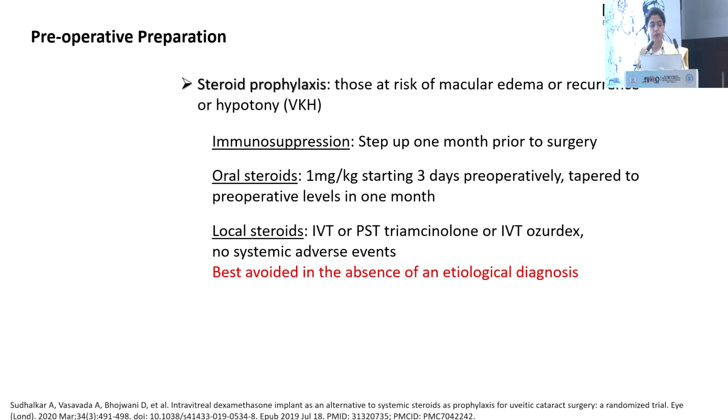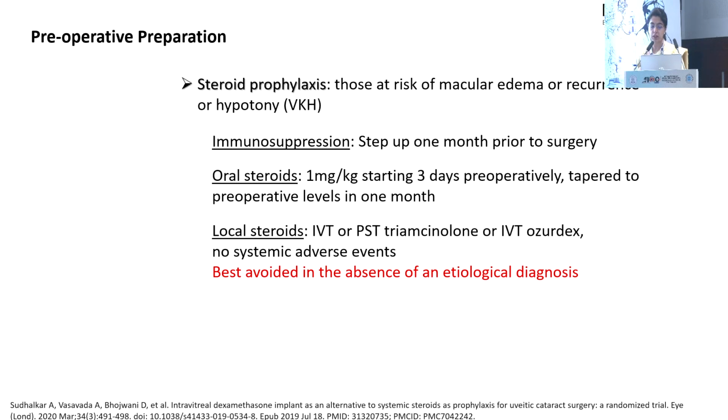Coming to preoperative preparation, steroid prophylaxis is for those who are at risk of macular edema, a recurrence, or hypotony. Step up systemic immunosuppression 1 month prior to surgery. Oral steroids should be given at 1 milligram per kg starting 3 days preoperatively, and they should be tapered to the preoperative levels at 1 month.